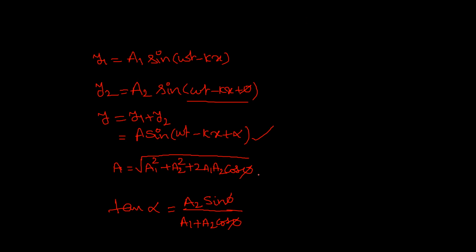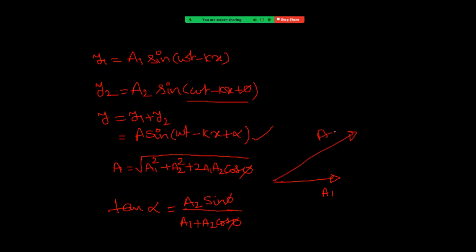So by seeing these two, what we can say is we can take the amplitudes A1, A2 as two vectors, and phi, the phase difference between them, as the angle between those two vectors. So I'm drawing a diagram here. A1 is one vector, taking the amplitude as a vector, and A2 is one more vector.